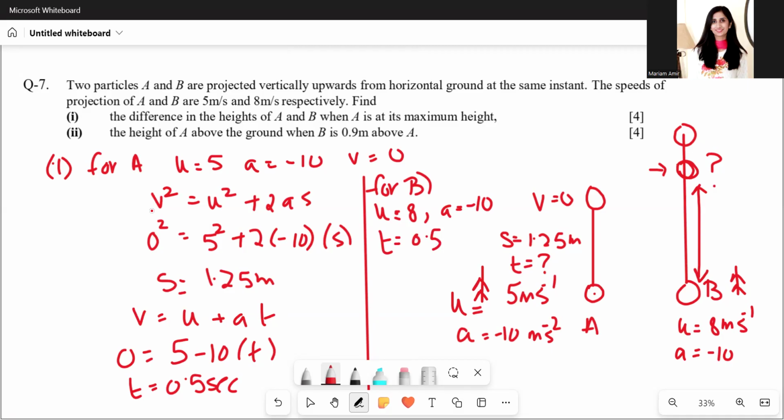So how do we find the S? We can use S is equal to UT plus half AT square. Let's use that here. S is equal to UT plus half AT squared. What does this give us?